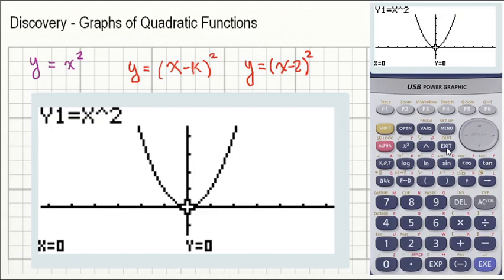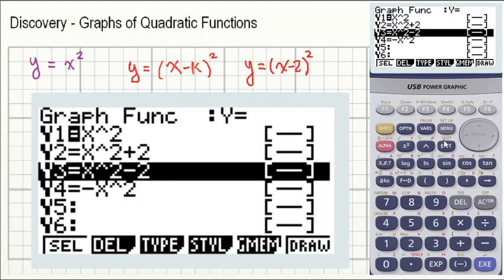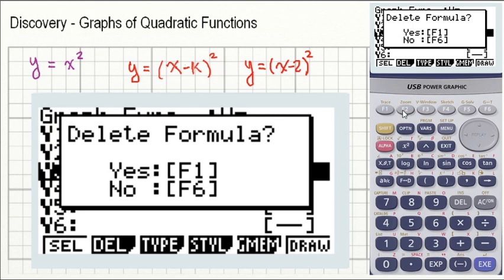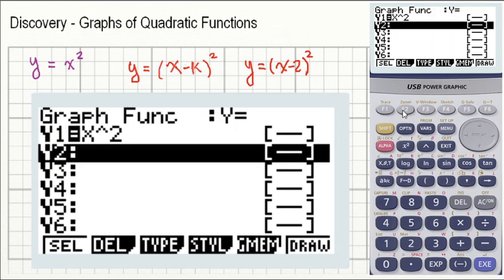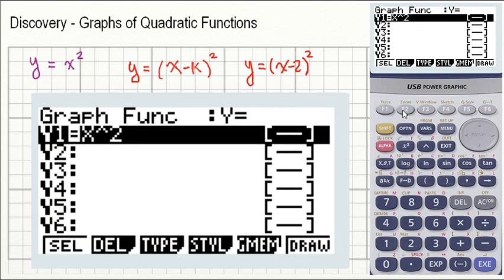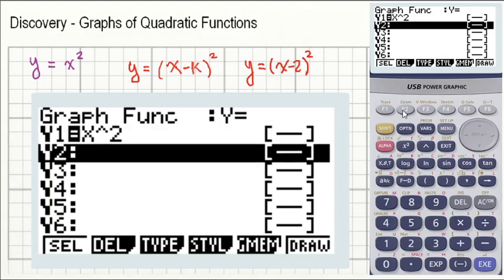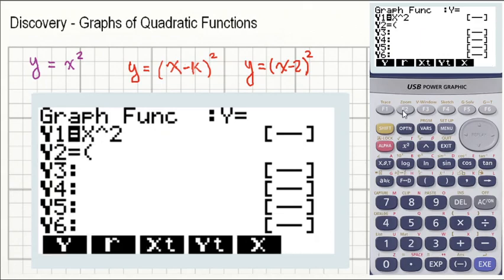So let's go back to our calculator here, and well, let's delete this. So we can press here F2, it's delete, and then F1, F2, F1. So this is our fixed function, our simplest one. It could even be considered our control in science, and that's the base for our comparison. So the first function that we're gonna add here, I will open bracket x minus 2 close bracket squared.